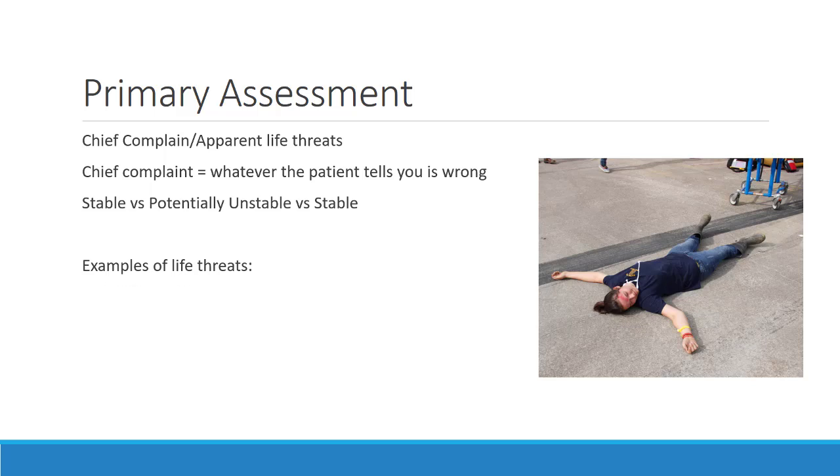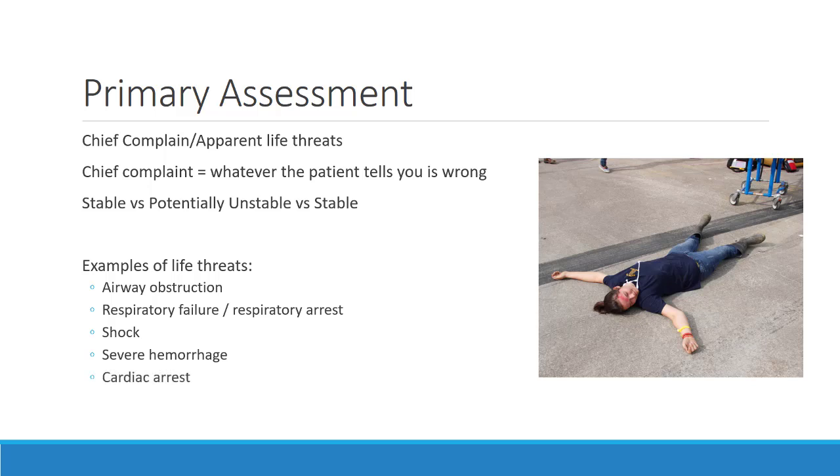So some examples of life threats are airway obstructions, respiratory failure, respiratory arrest. And we'll see some examples of respiratory failure here in a little bit. Are they in shock? Is there severe hemorrhage? Are they in cardiac arrest?